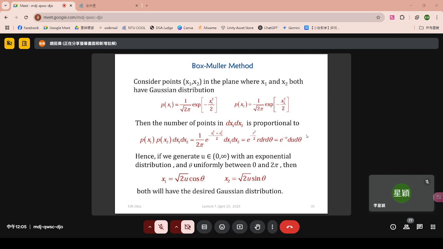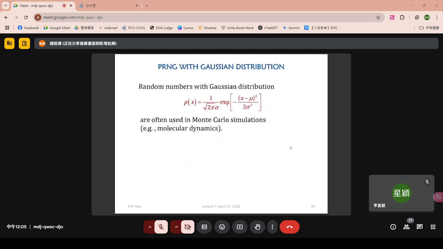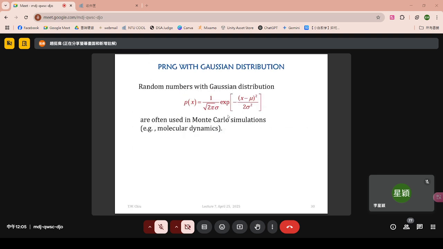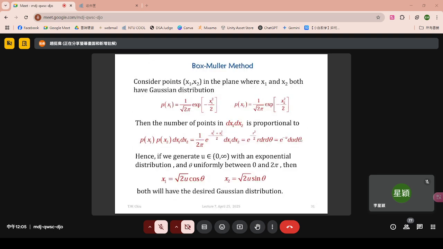Since this is an exponential distribution in u, as before you can generate this exponential distribution with a uniform distribution. And theta is uniform, so you just have to call two random numbers from the uniform distribution.